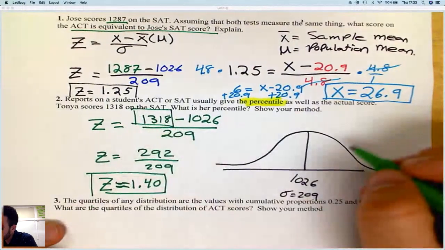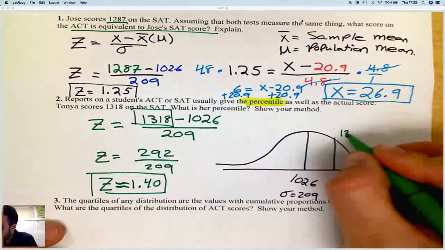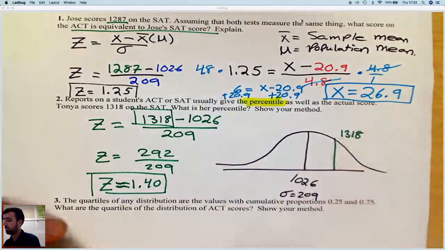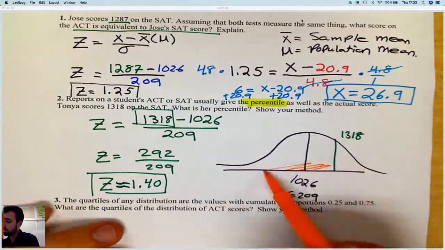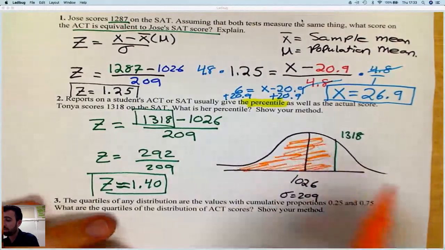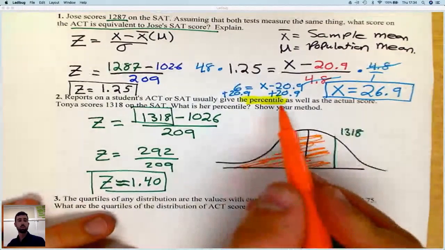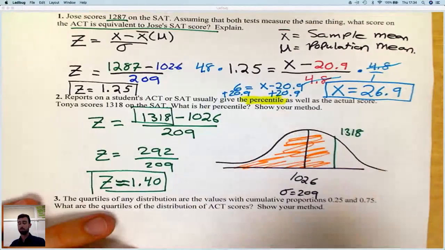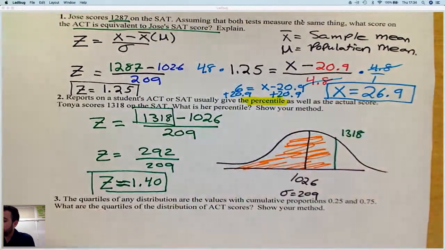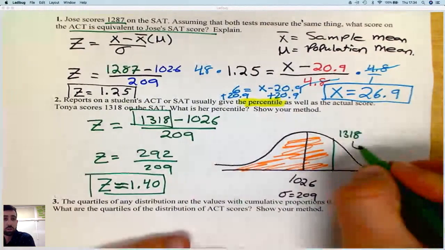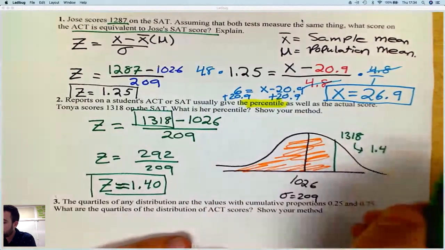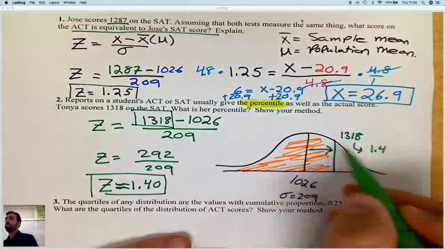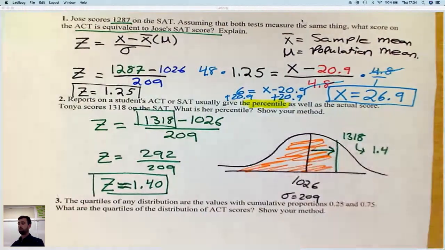So this is a 1318. So we want to know how much of the data is below this person, right? Because remember, that's what percentile means. How much of the data is below this data point? And we found out that 1318 is about 1.4 standard deviations above the average.